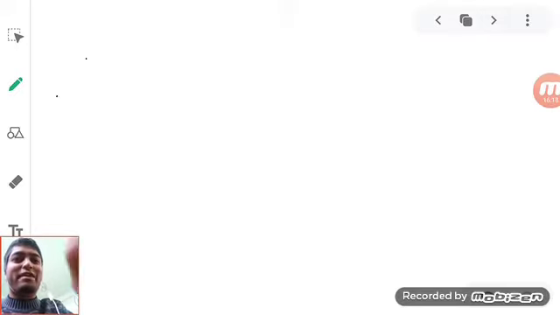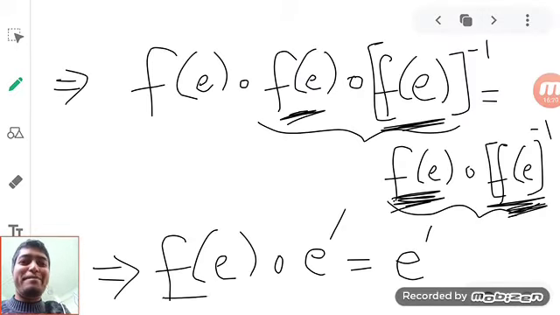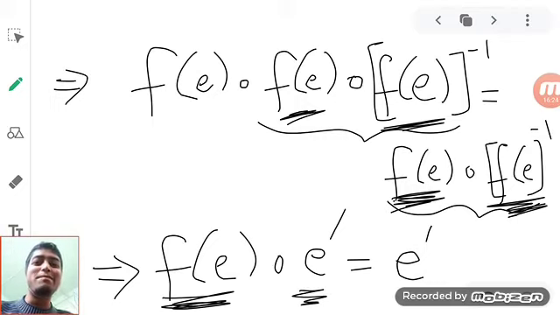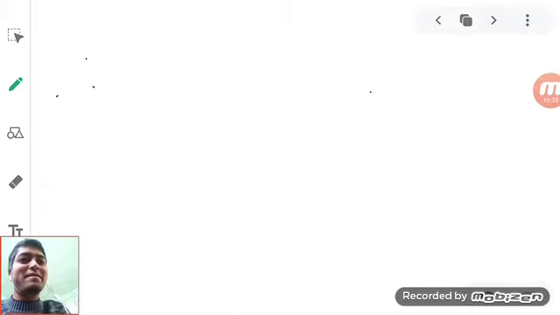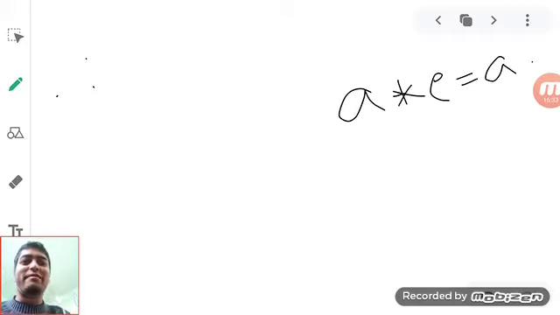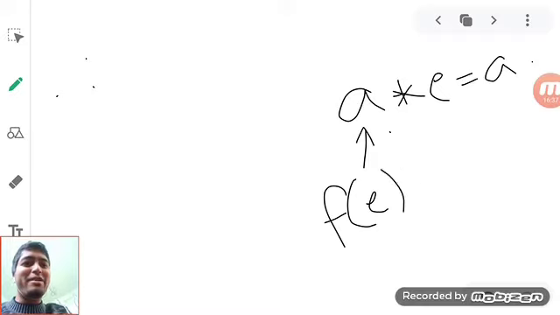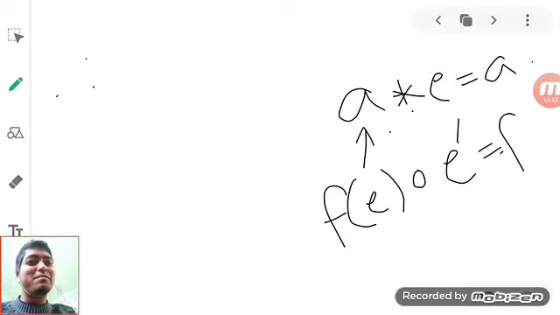So now we are done. Therefore, an element times E dash, an element times the identity, will give you that element. Remember something like this: A star E will be equal to A, right? So it doesn't matter even if you replace A by F(E), and star by this operation O, and E by E dash, you will still be having F(E).